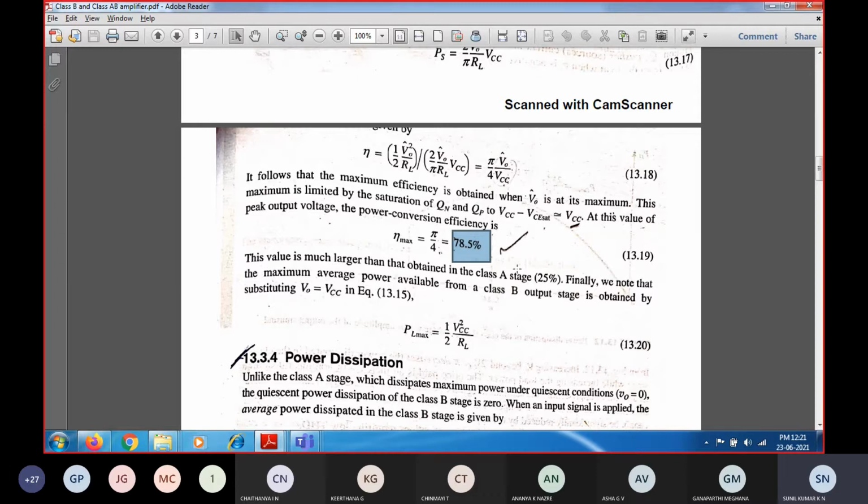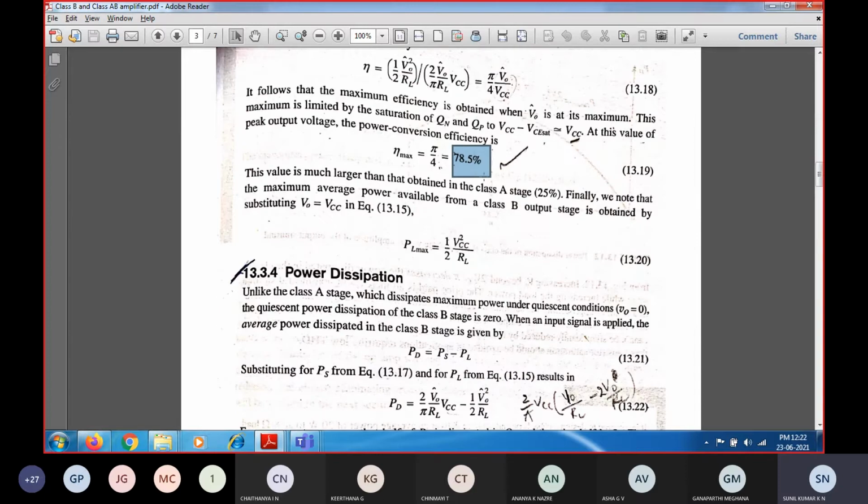If class B amplifier is considered, using the complementary pair of transistors, you are going to get an efficiency equal to 78.5%, which is greater compared to the class A amplifier. So you can see the efficiency will be greater, equal to 78.5%.